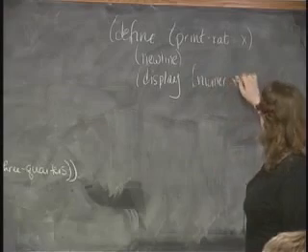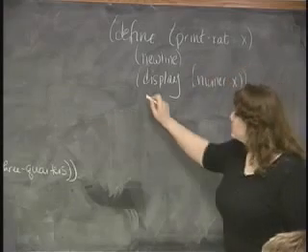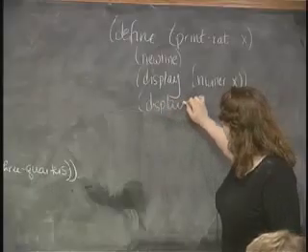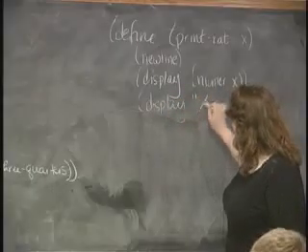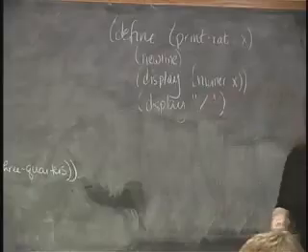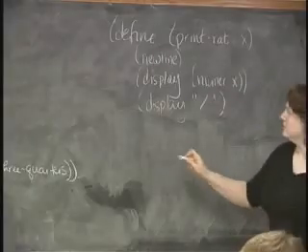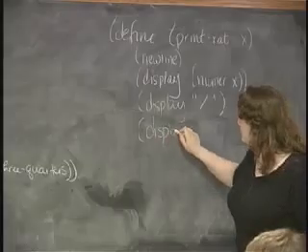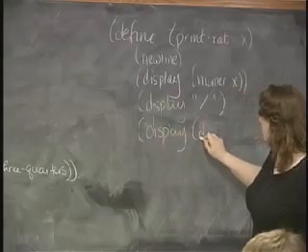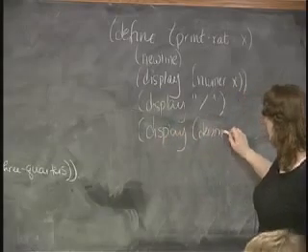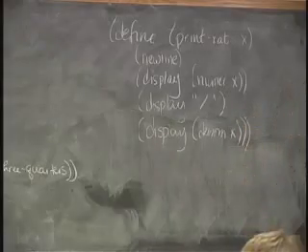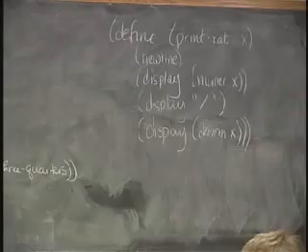Display takes in only one argument. So now we'll say display. Let's put in a division sign so it actually looks like a fraction when we spit it out. And then we'll display the denominator of x. So that's going to print out a rational number for us.